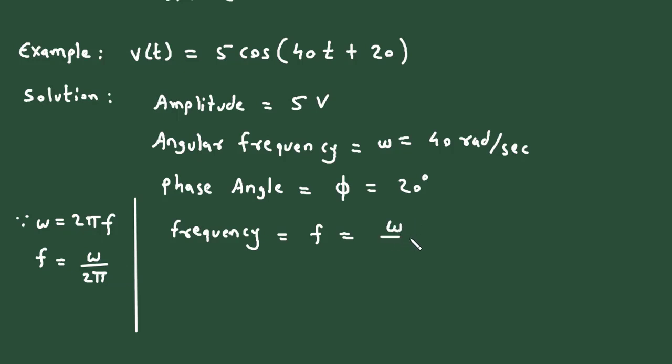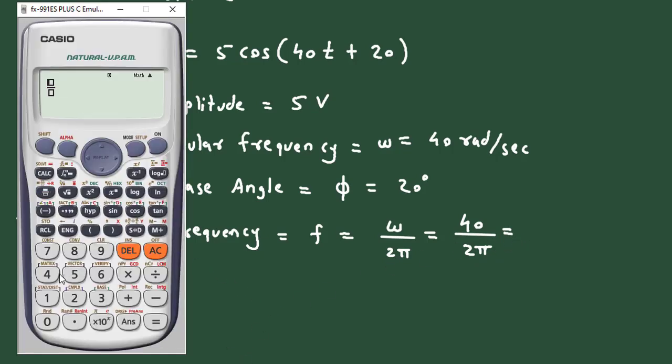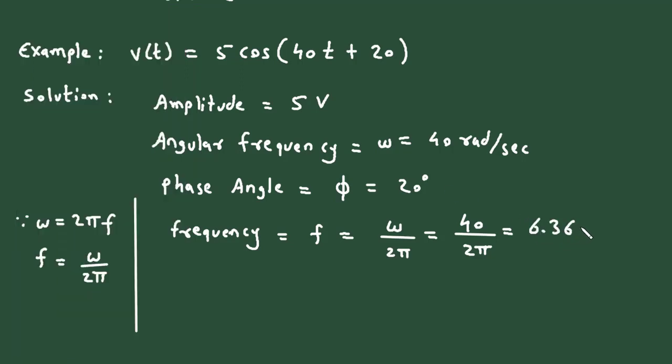Omega divided by 2 pi, the value of omega is 40 and it is divided by 2 pi. So 40 divided by 2 pi, this will be 6.36, and the unit of frequency is hertz or cycles per second.